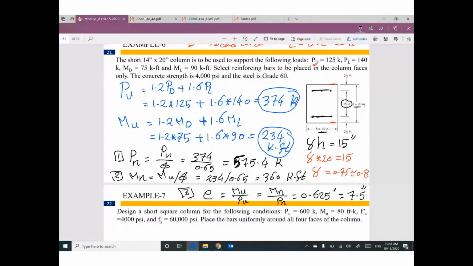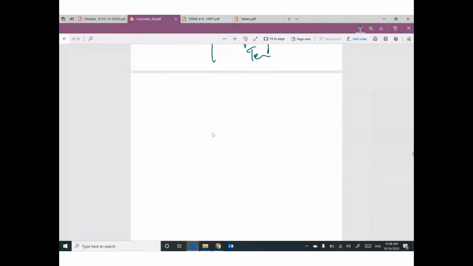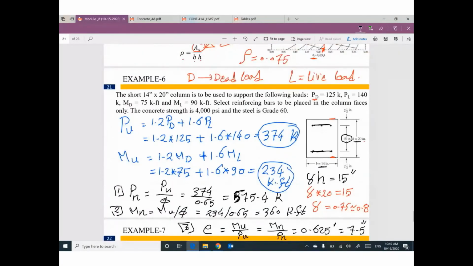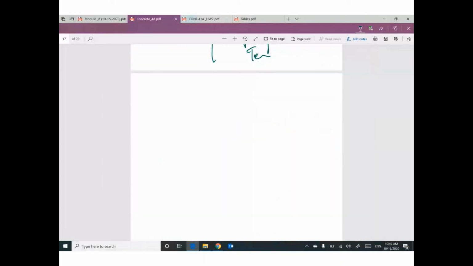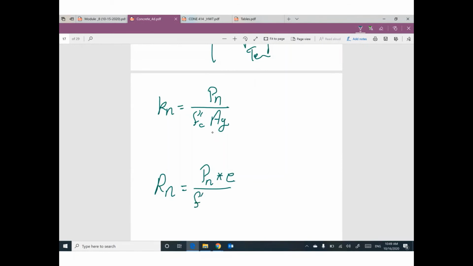Next step, we need to figure out the value of what? Kn equal Pn divided by F prime C times area gross, and Rn, which is Pn times e divided by F prime C times area gross times h. Go ahead and put your numbers.